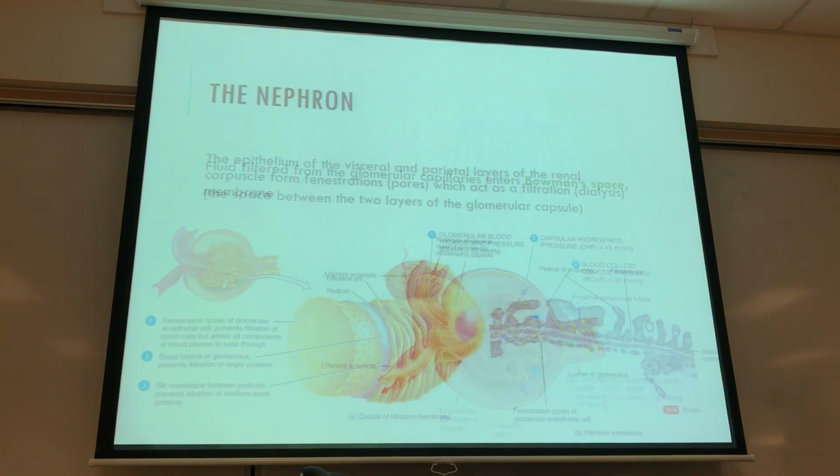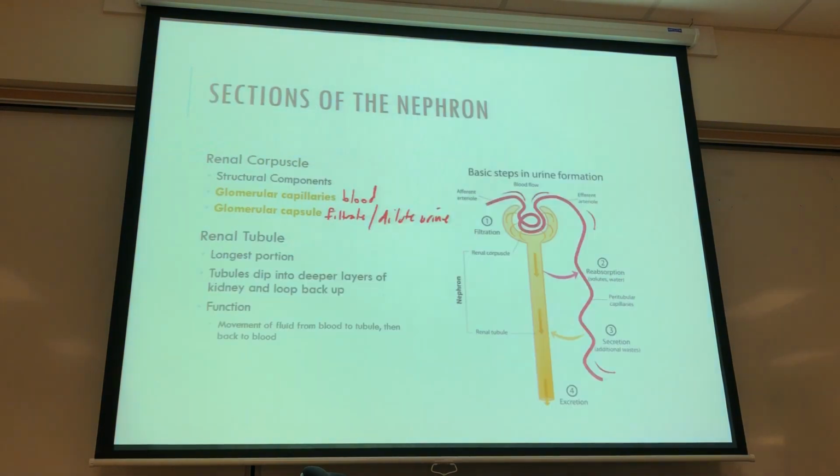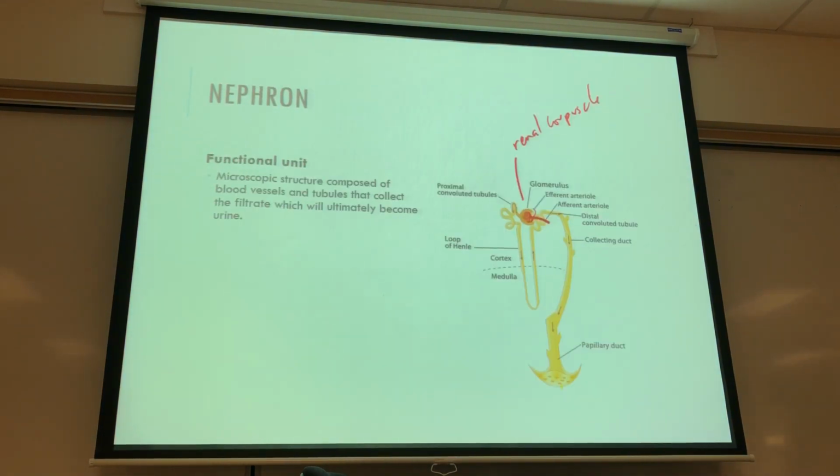Let's see if I have that slide somewhere. The efferent arteriole. Here you're going to see these are going to call the peritubular capillaries. And the capillaries that wrap around the loop of Henle are commonly referred to as the vasa recta.